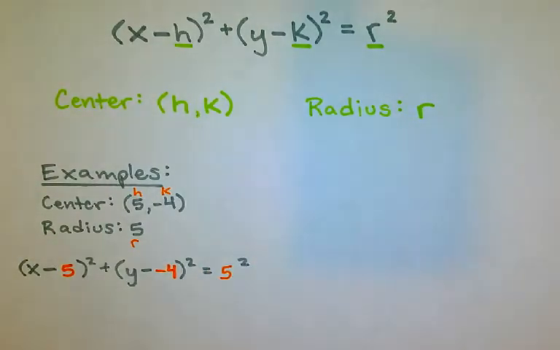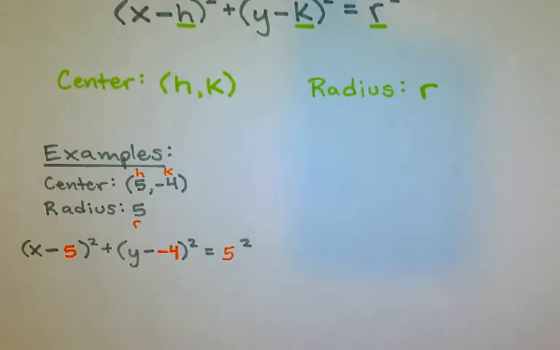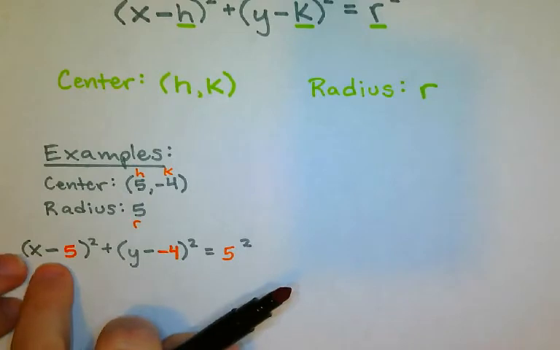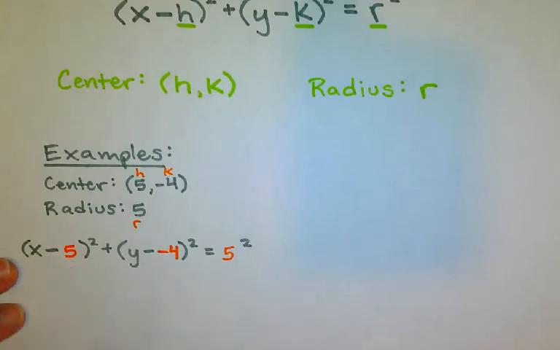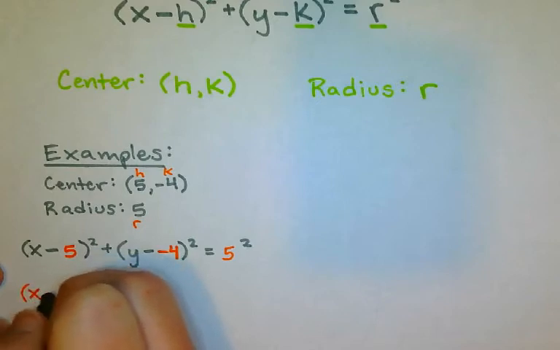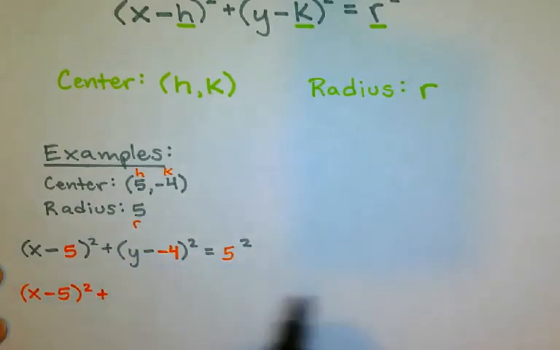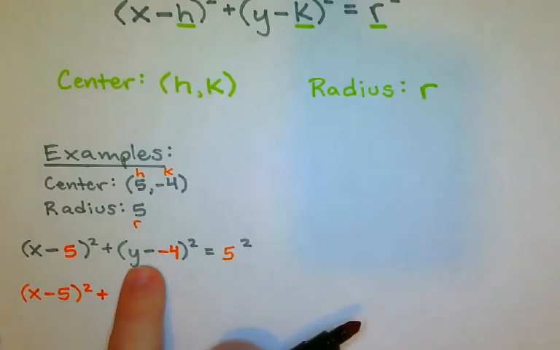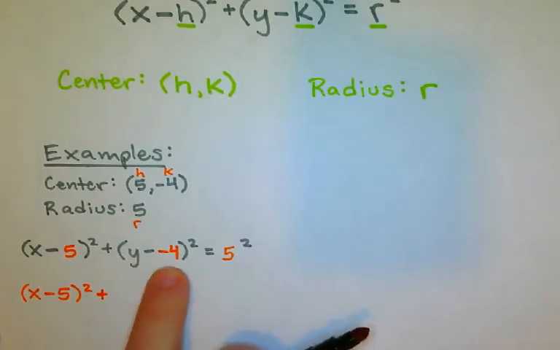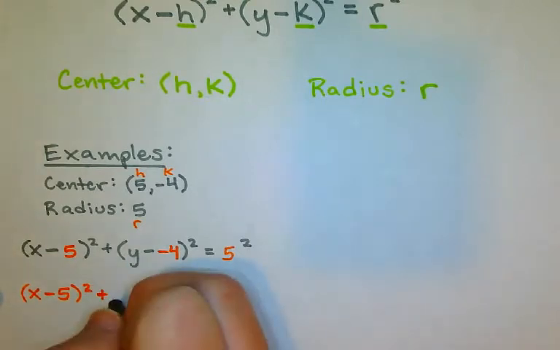Now all I need to do to write my final answer for this equation is to simplify anything that I can. So this x minus 5, we're just going to leave it like it is. There's nothing there that we need to simplify, so this is just going to stay x minus 5 squared. Now in our next set of parentheses, we see y minus -4. What do two negatives make? Yeah, it makes a positive.